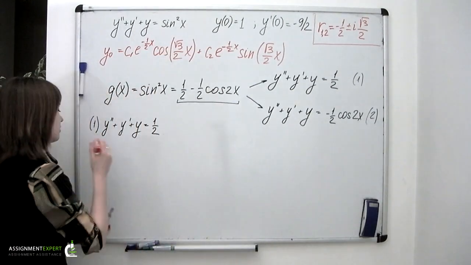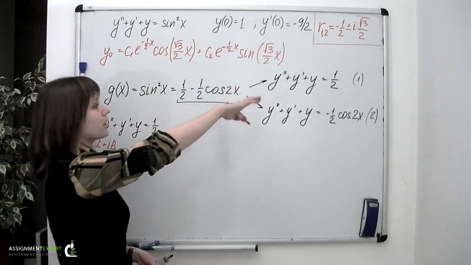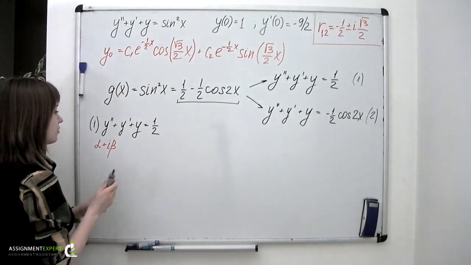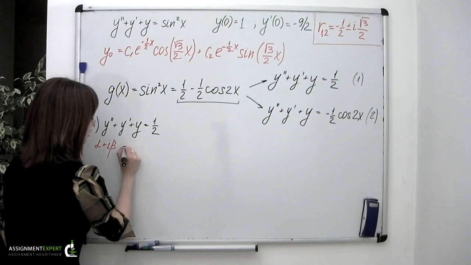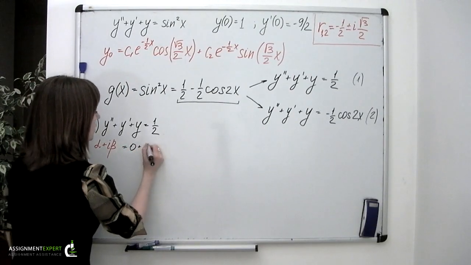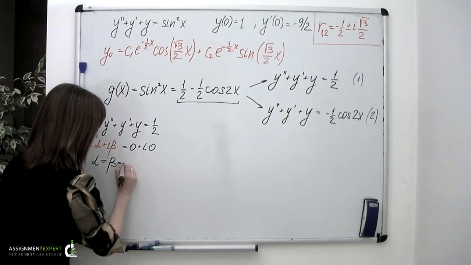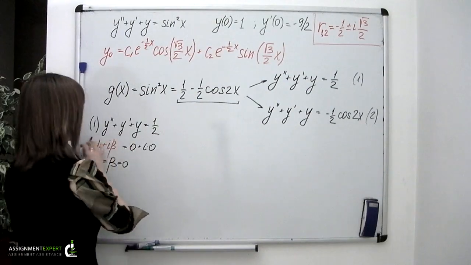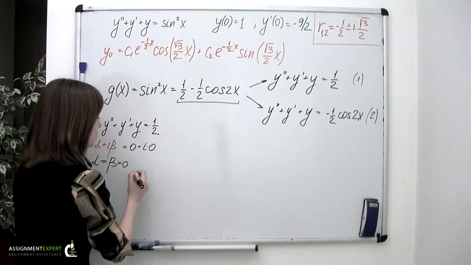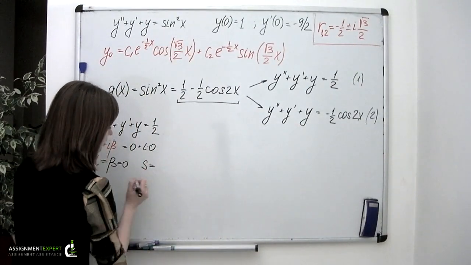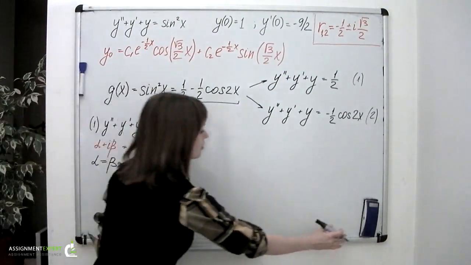Now we should form the alpha plus i beta expression and compare it to our characteristic roots we have over there. Obviously, in this particular case, we have 0 plus i times 0. So here we have alpha and beta equal to 0. So obviously this expression won't coincide with any of the characteristic roots. So we can, without hesitation, set s to be 0. And that's a relief.